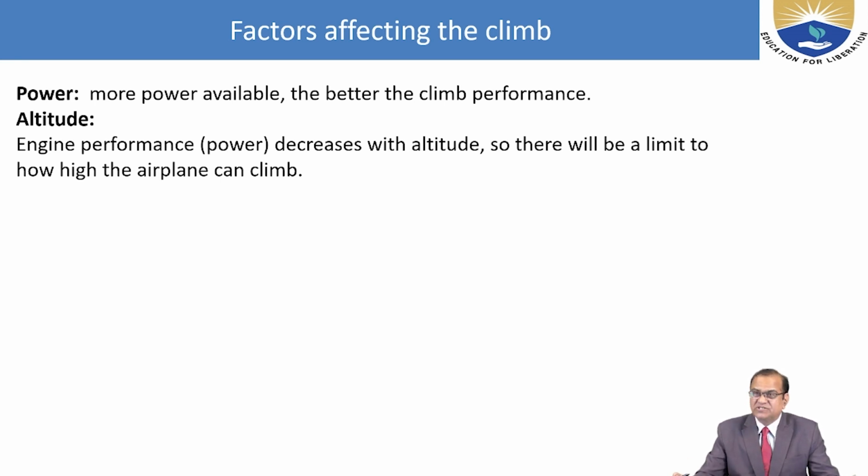You cannot fly as per your choice. There is a limited altitude, because your power available decreases as you go higher, and your power requirement, the drag of the aircraft, increases as you go higher. So there is a limit. You cannot go beyond that limit.